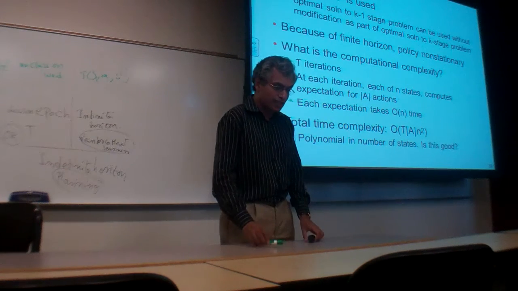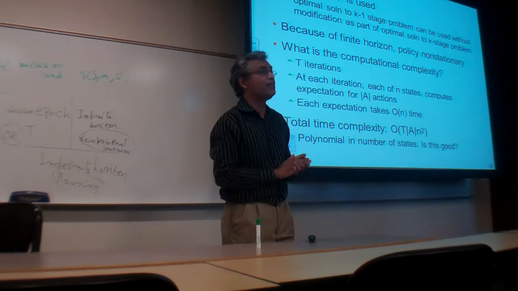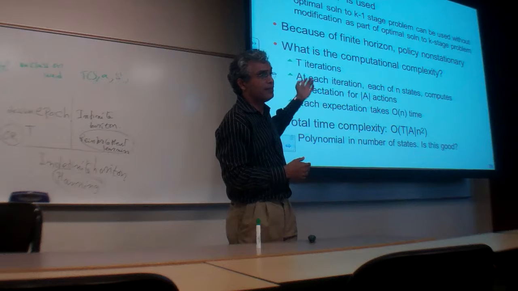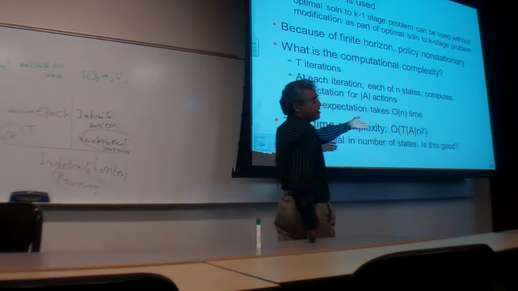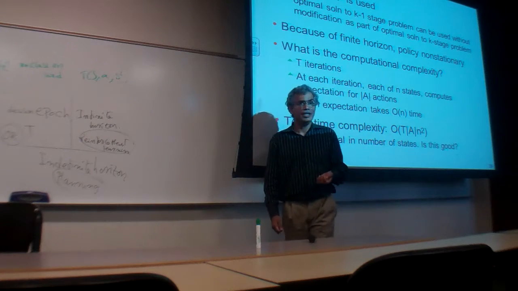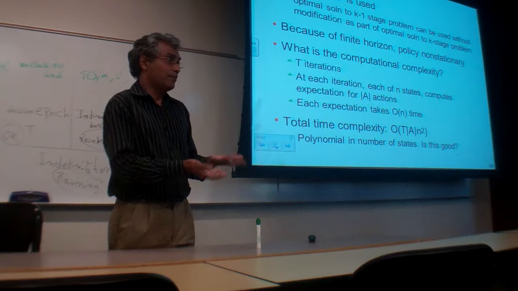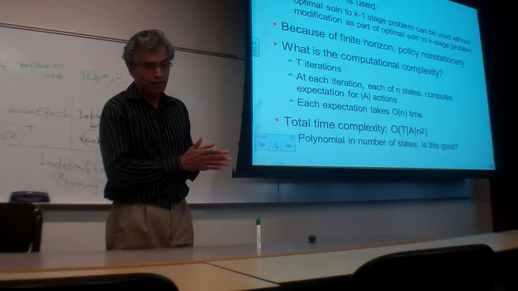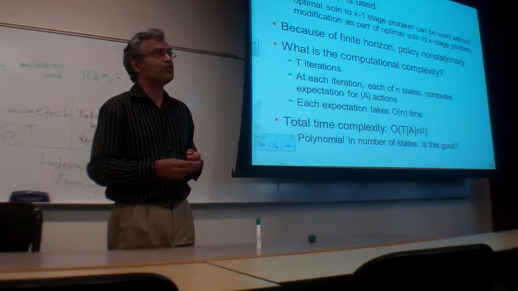If you are setting up problems where the number of states is carefully controlled, which is basically what happens when finite horizon MDPs are used in the OR literature, then this is a pretty reasonable complexity to deal with. If on the other hand, your problem sizes are thought of in terms of the number of literals making up the state, then this is actually exponential in that input form.